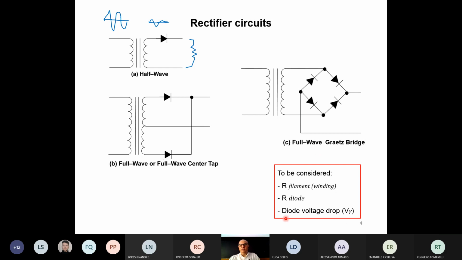But there is also a voltage drop, the knee voltage, the tensione al ginocchio, which is basically 0.6, 0.7 or more volts, which must be considered in our calculation. So most of the time we will certainly consider the diode voltage drop. Sometimes we consider the winding and the diode resistances. If we want to do some simple calculation, maybe we neglect them. We don't consider them, okay?